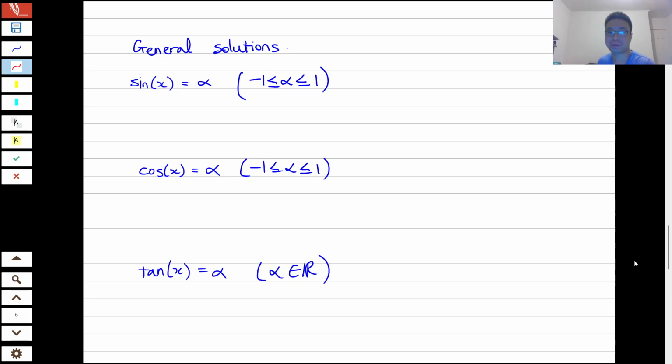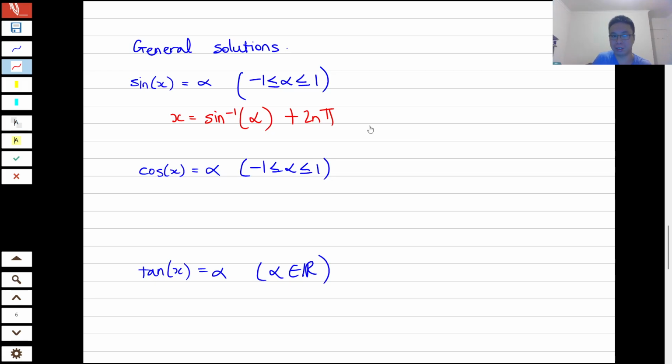Well, for sine, I'll just assume without loss of generality that alpha is in the first quadrant. It doesn't have to be, but if it's not in the first quadrant, it's still going to work because of the symmetry properties of the unit circle. So essentially what we want to do is take the inverse sine of alpha. That will give me one solution, which is either going to be in the first quadrant or the fourth quadrant, and then plus 2n pi.